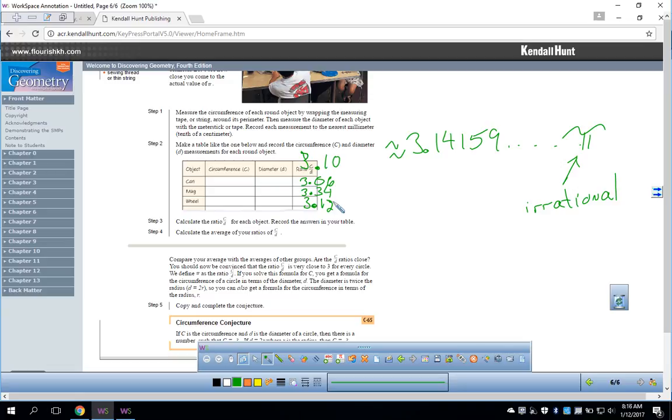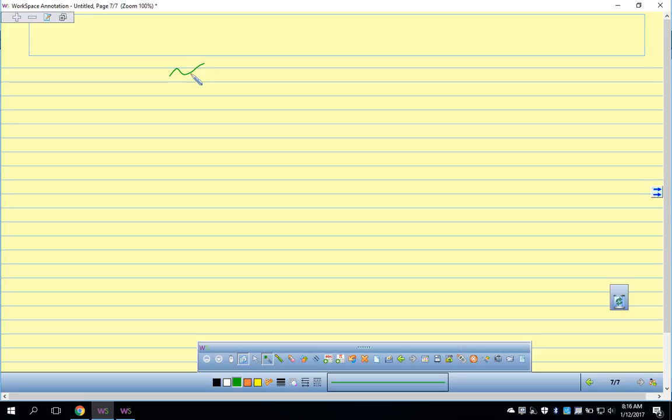And that number is only as accurate as you can measure. If you have super precise instruments, you can get closer and closer to the actual value of pi. Pi is equal to the ratio of the circumference to the diameter, which is about 3.14159.